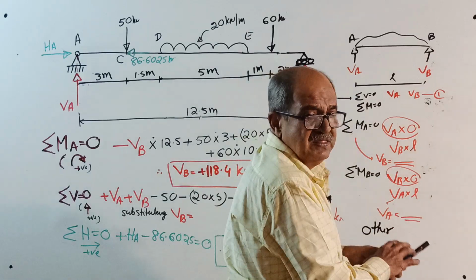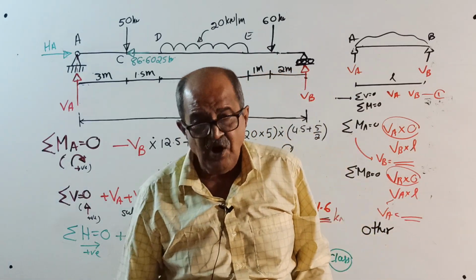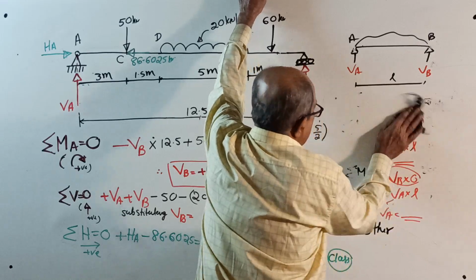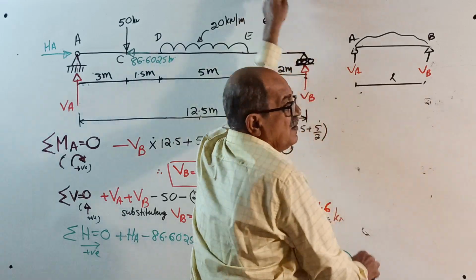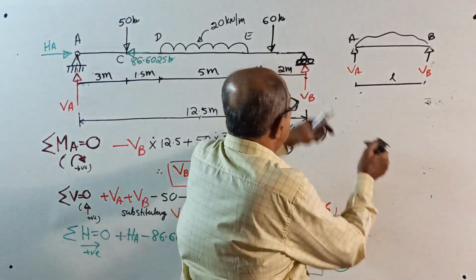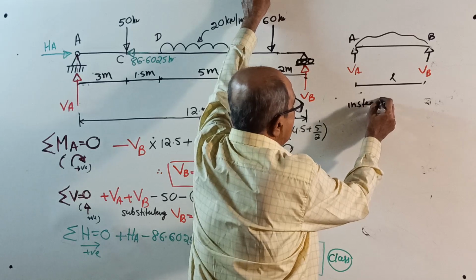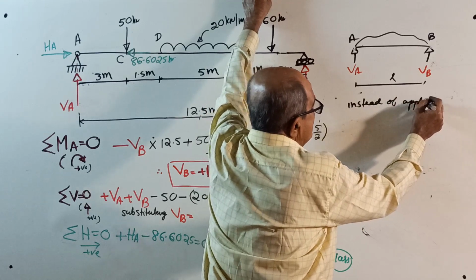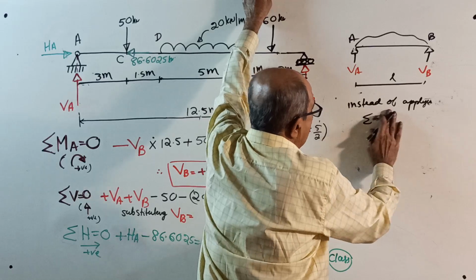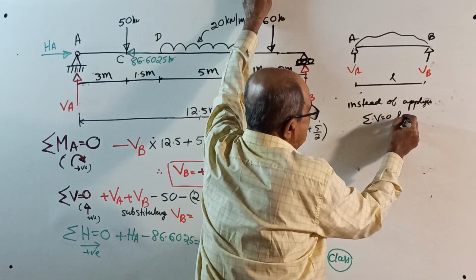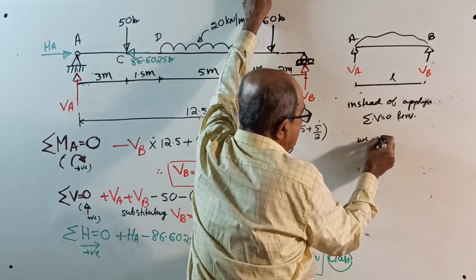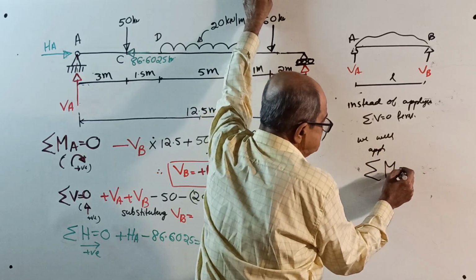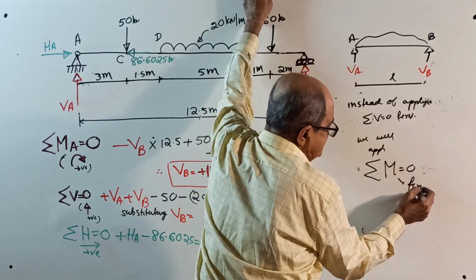Now, you write all these in detail so that the concept is fully clear. Therefore, instead of applying sigma V equal to 0 first, where you get an equation, we will apply sigma M equal to 0 first.